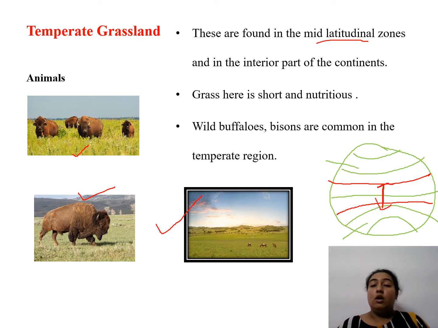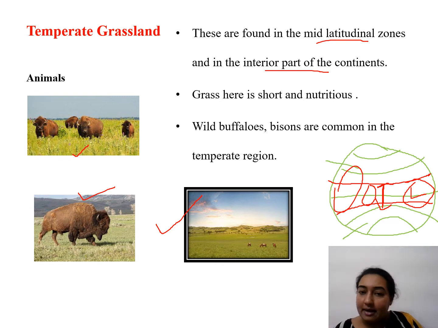So they are in the mid-latitude zones, in the interior part of the continent. Whatever continent lies over here, Africa, Asia, Europe, Central America, they have temperate grasslands.